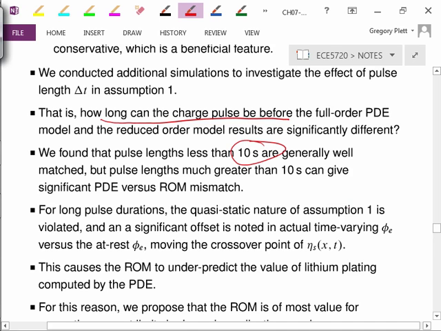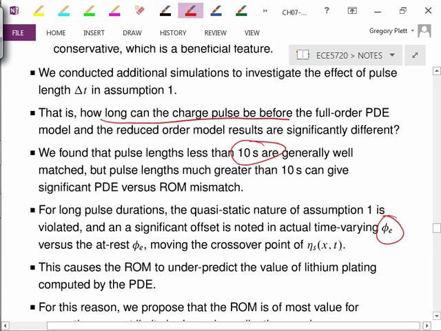The reason is this quasi-static nature of assumption 1, saying the cell is resting and then I apply a pulse, is violated by a long duration pulse. And then the phi e that is part of the overpotential in phi s minus phi e, etc., gets a significant offset over time versus its static version.